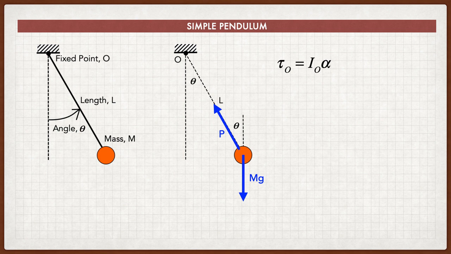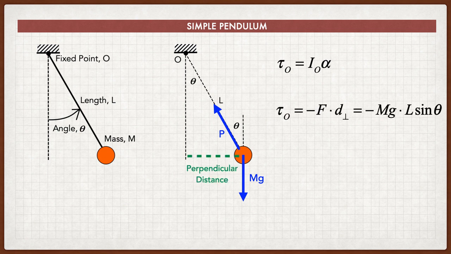One way to calculate torque is force times perpendicular distance. The force is mg. The perpendicular distance is L, the length of the string, sine theta. So the torque is negative mgL sine theta.